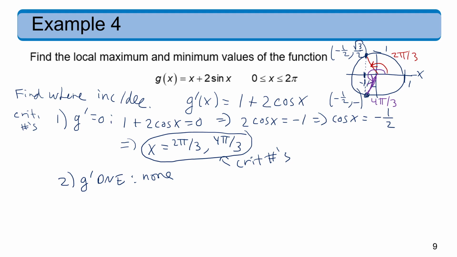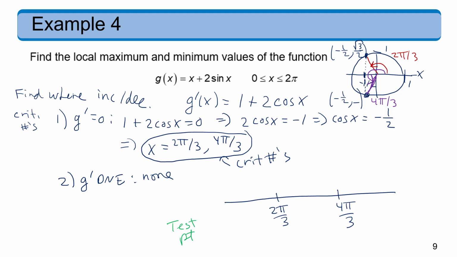So the next thing we do is create our number line and put our critical numbers on it in order from smallest to biggest. So 2 pi over 3 to the left, 4 pi over 3 to the right. Then we're going to choose our test points in each subinterval.